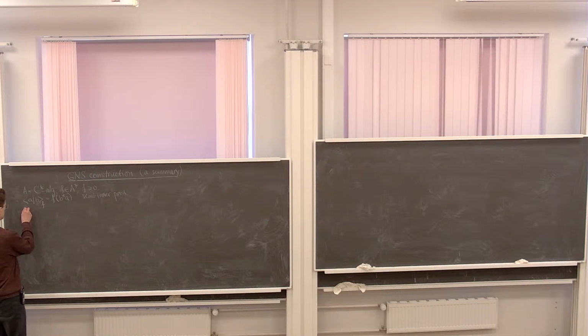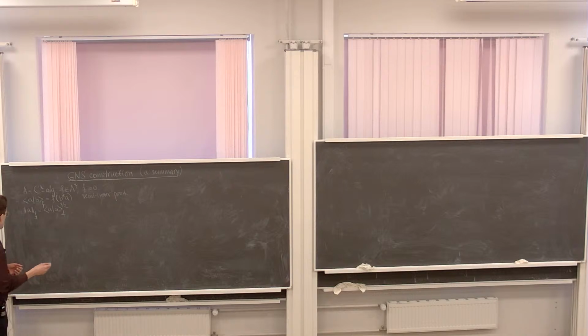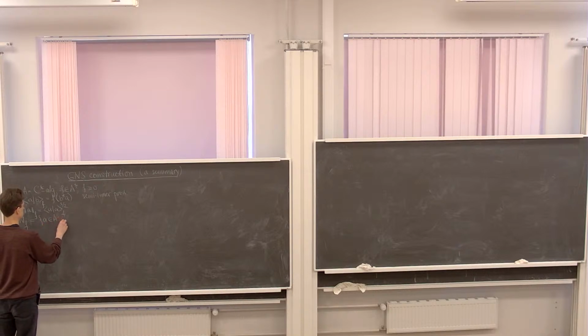In particular, this semi-inner product defines a semi-norm on A by the following rule. Square root of this number, and we can make this semi-inner product into an inner product on a suitable quotient of A. So we denote by NF the set of those elements in A where this semi-norm vanishes.